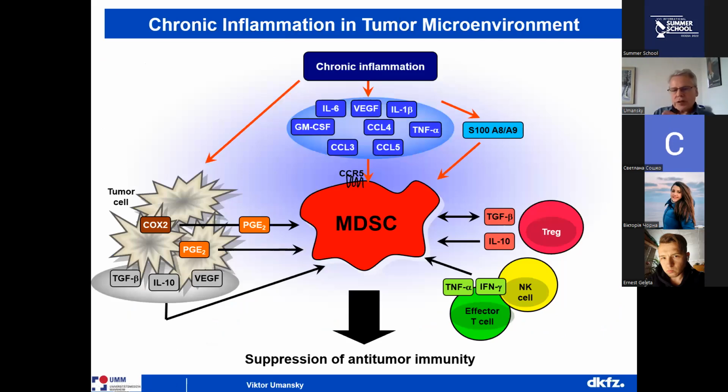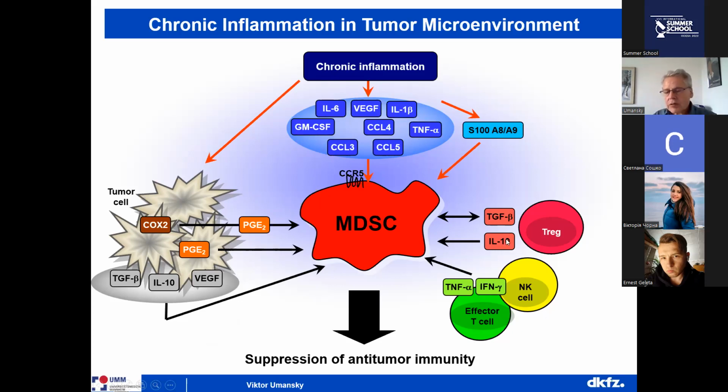So just to conclude this part, we have a chronic inflammatory condition, which is typical also for tumor development, characterized by constant, long-term production of inflammatory cytokines and chemokines, which leads to the accumulation and migration of MDSC to the tumor site, where the tumor can also support MDSC activities through the production of prostaglandin E2 or VEGF.